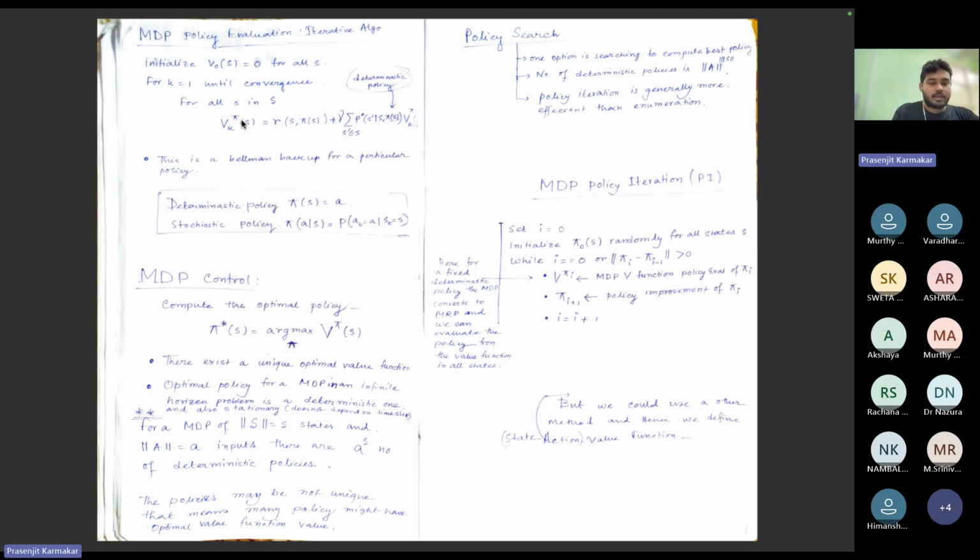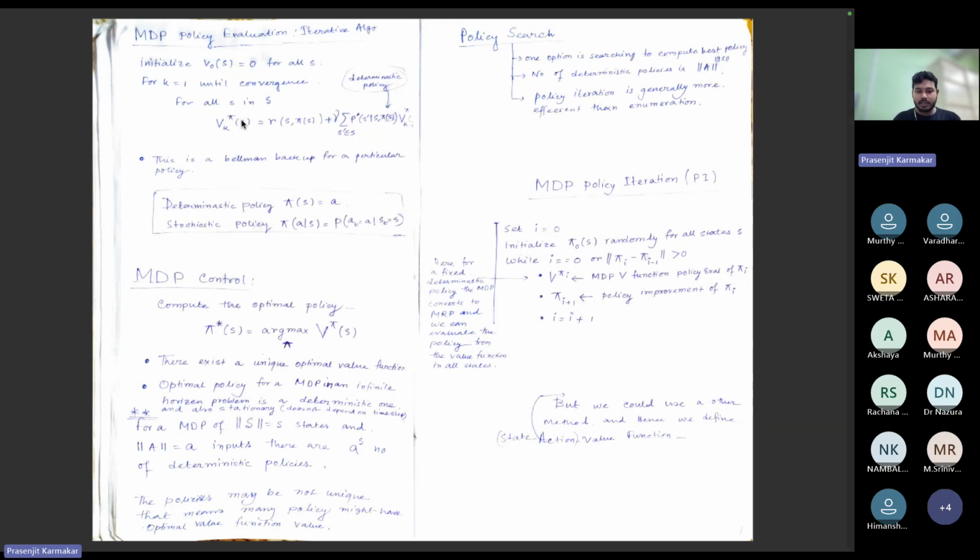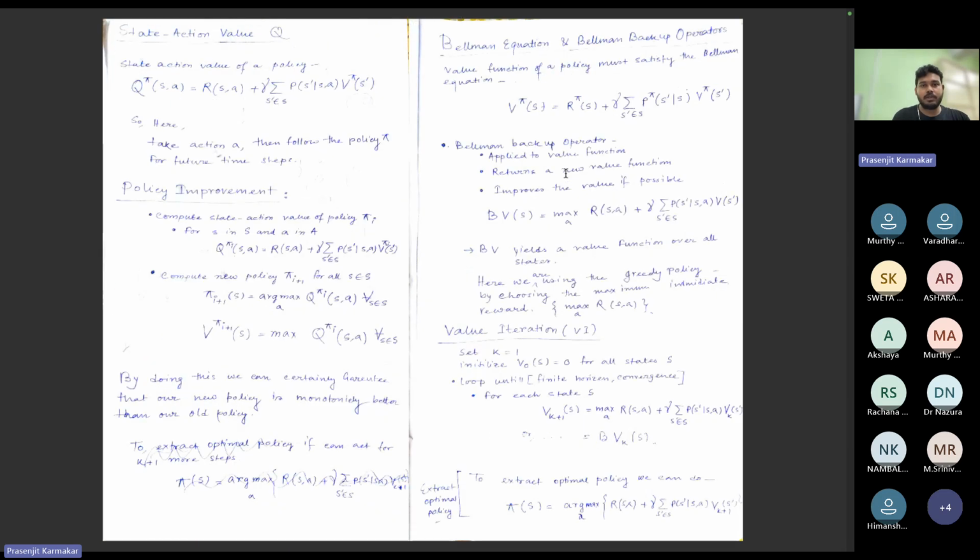There are certain cases where, if I go with policy improvement, my value function can get stuck, and because the value function gets stuck, I cannot improve to the next policy. So that's one bottleneck for policy iteration. This algorithm is a bit suboptimal, so that's why we're going directly to the next algorithm.